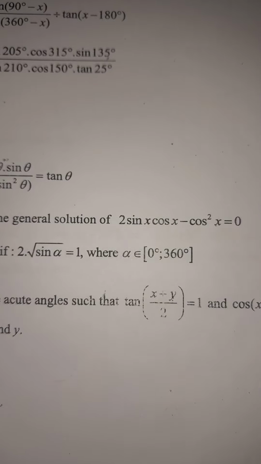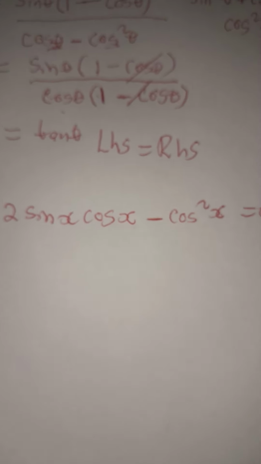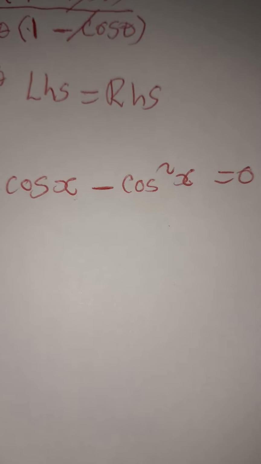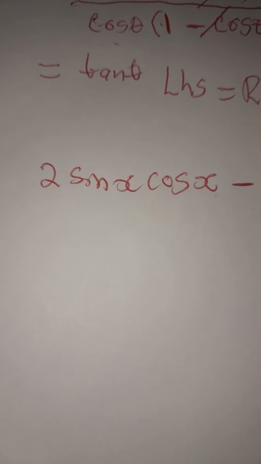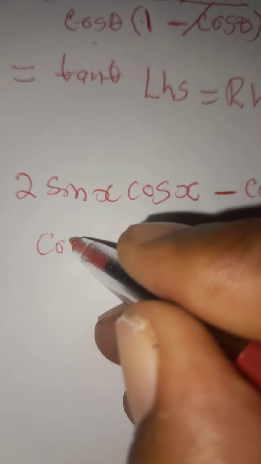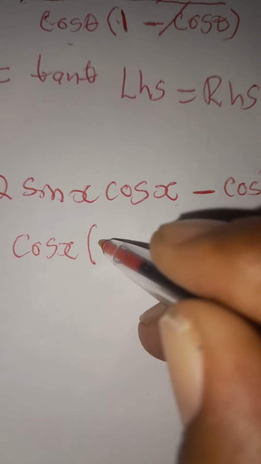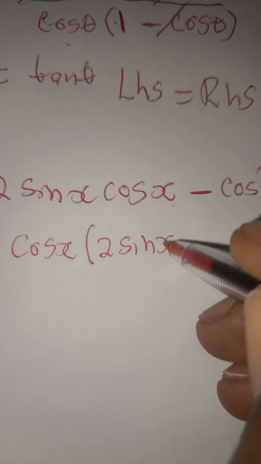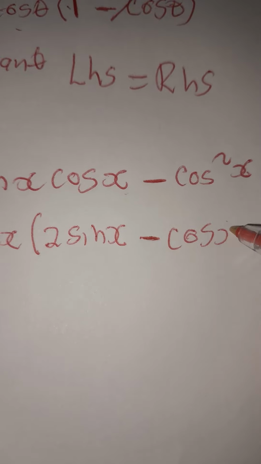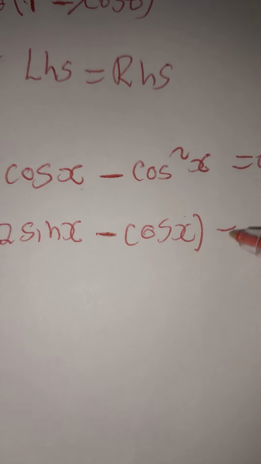So let's put this into practice. Since we are given 2 sine x cos x subtracted by cos squared x equated to 0, first thing first, I did emphasize that we need to take out the common factor there, which is cos x. Then we are left with 2 sine x minus, to get to cos squared x, we need cos x here, equated to 0.